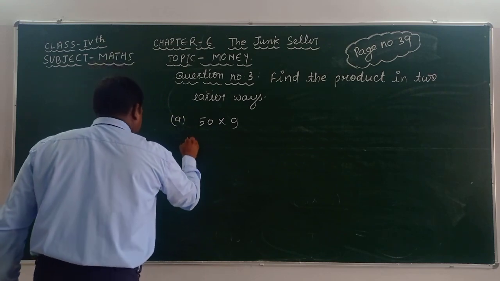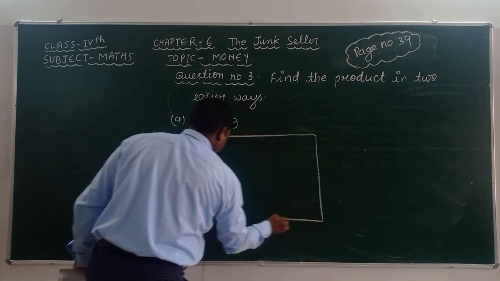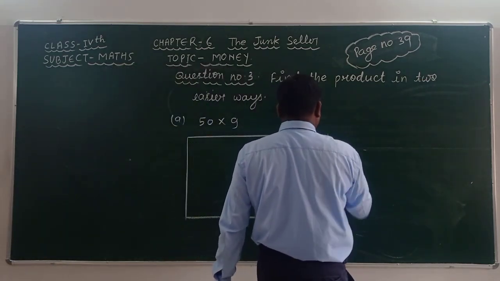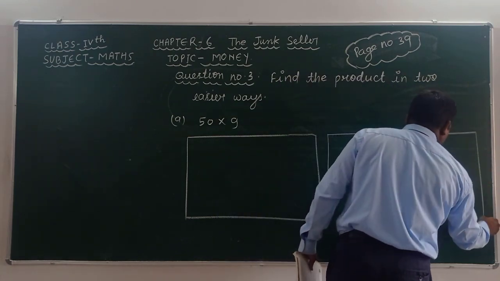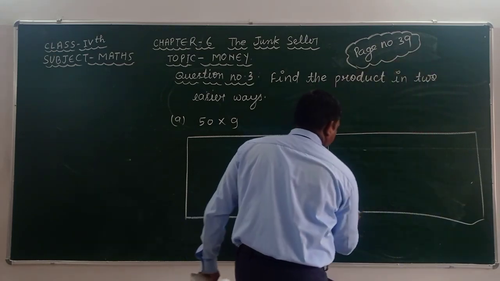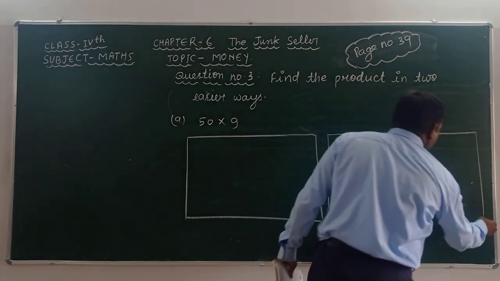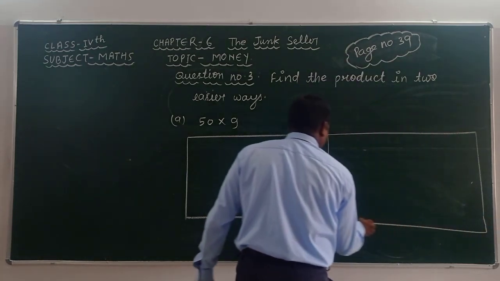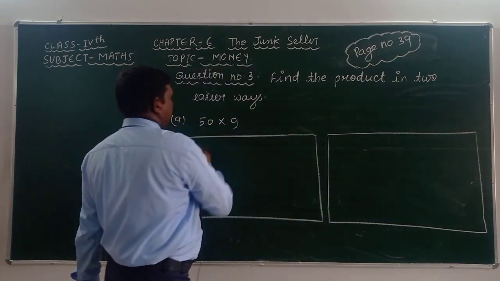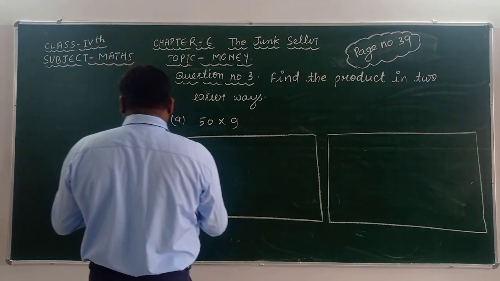In your book, here given that 2 boxes. In these boxes, here we can solve in 2 ways, for solving the product of the given number. Okay, understand? Look at here carefully.